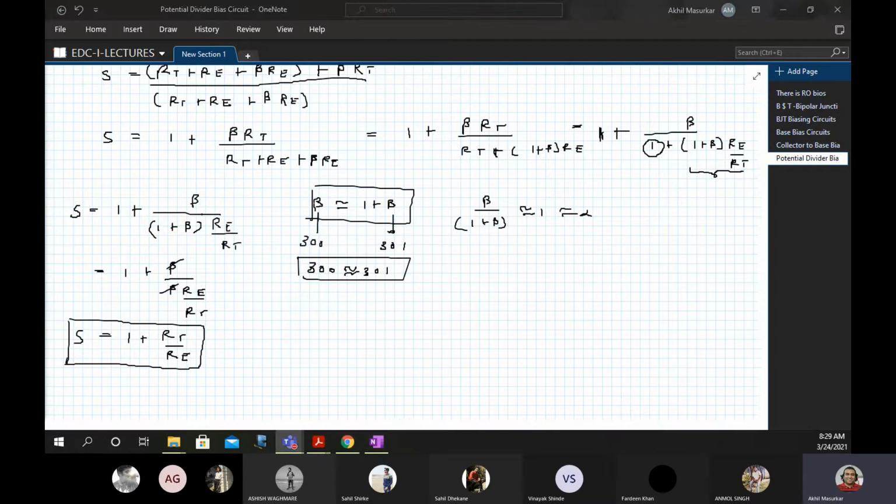So this derivation is asked in the exam many times for 10 marks, and you should be able to do this. I think if you practice once, you will definitely get it. There is no rocket science in it. Any doubts, please ask, if you want me to go to some part which is not understood.